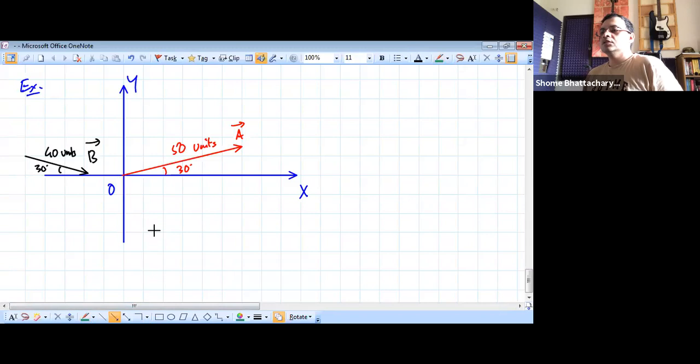like this now. This angle is 60 degrees and the magnitude is again 40 units.